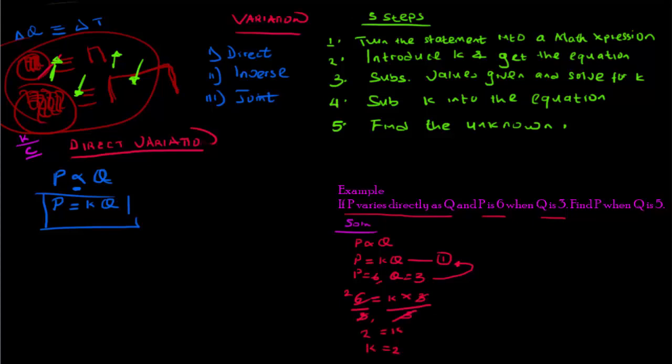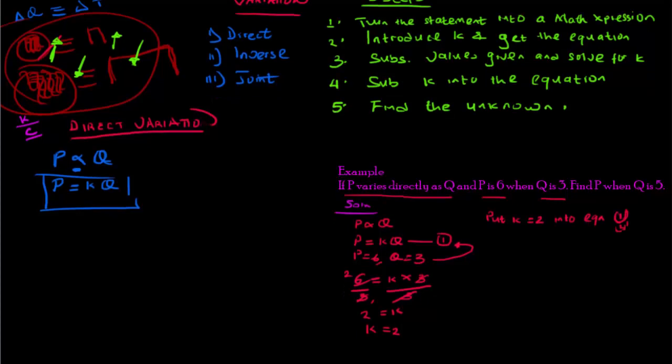The next step is to substitute K into the equation. So I put K = 2 into equation 1. Equation 1 is P = KQ. So anywhere I see K, I call it 2. So P = 2Q. This is the relationship between P and Q. Then the last step, find the unknown.